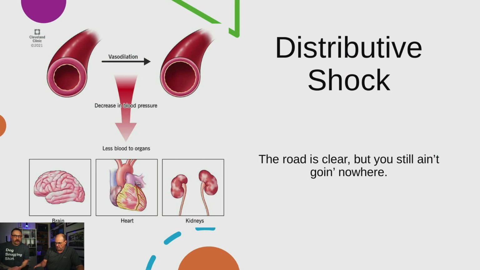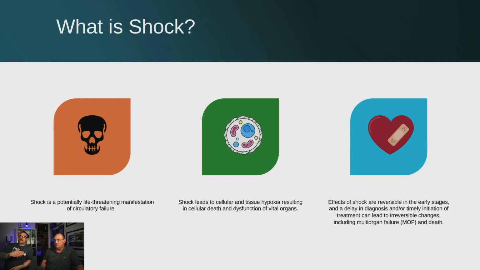So when we are looking at this, this is pretty much what we've just talked about. Shock is life-threatening. It's how we die. Even if we're going peacefully, it could be from shock. If we're going in an acute, really horrible way, like someone stabbed me, it could be shock. We know that we're not getting oxygen to our cells, we're not getting nutrients, and we're not taking away those waste products.